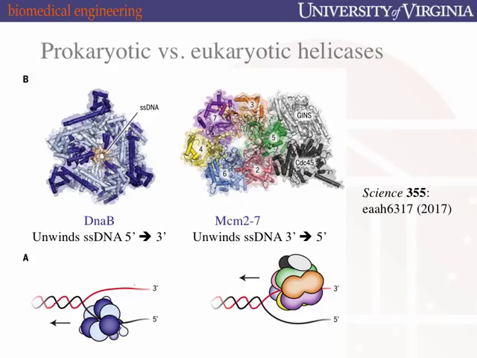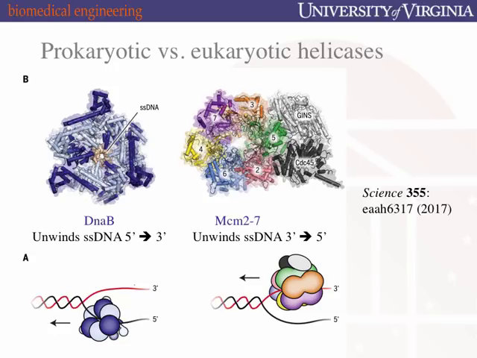So the MCM complex refers to this hexameric assembly, and it's what helps to unwind the DNA early during our DNA replication, and then also serves as the helicase that unwinds the two strands as replication occurs.